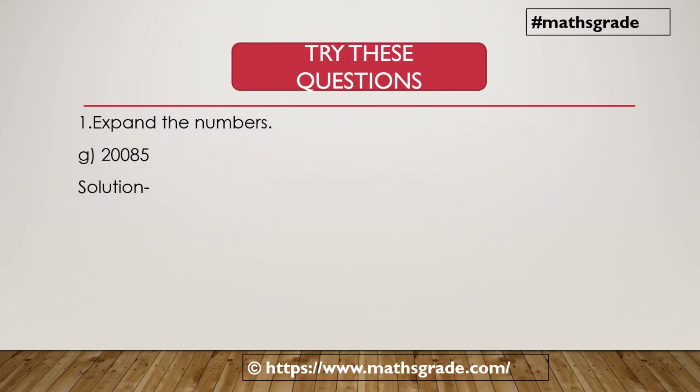Now G, 20,085. This is the number and we have to expand this number. 20,085 is a 5-digit number and digit 2 is in the 10,000 place.